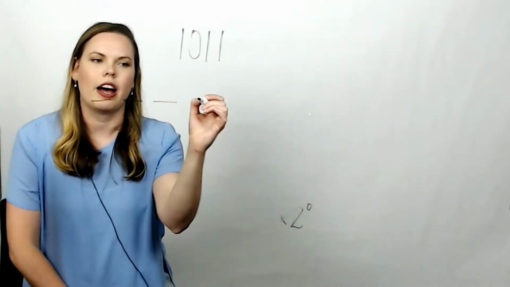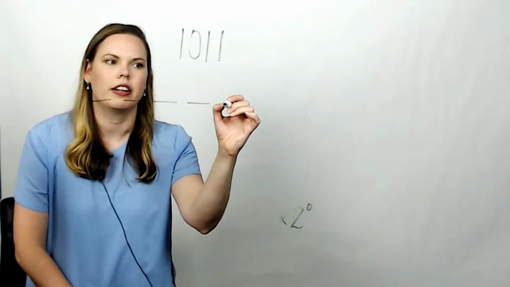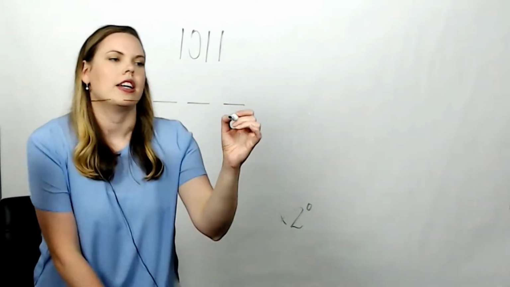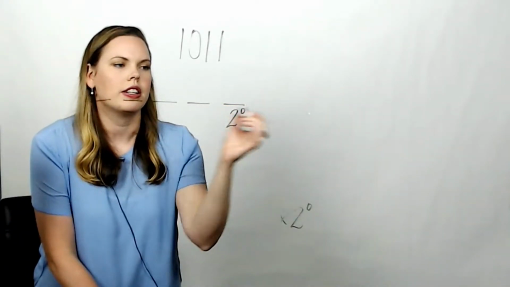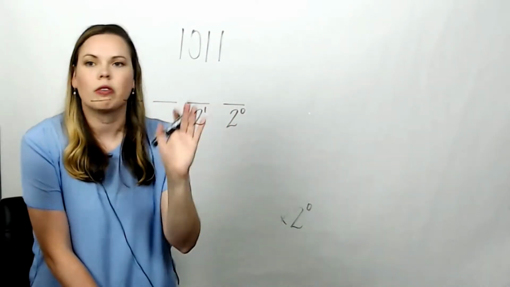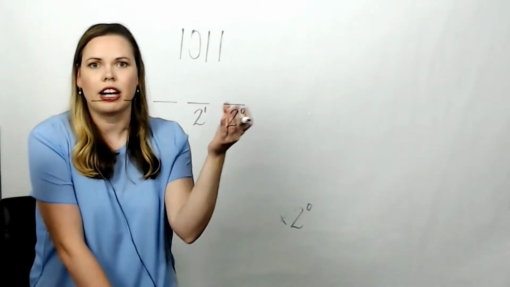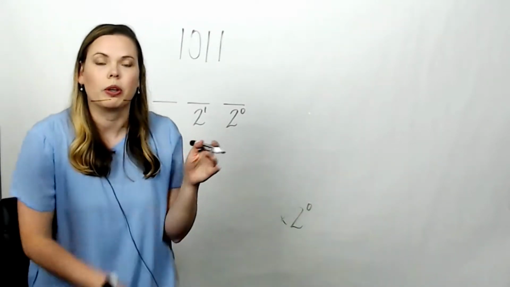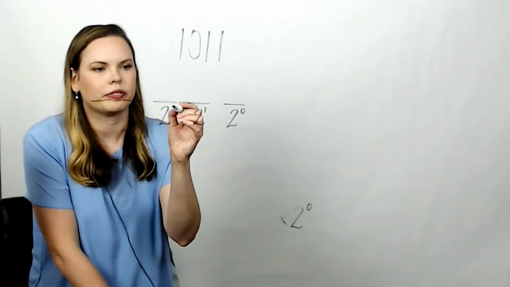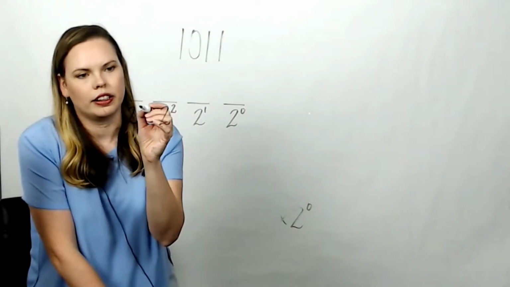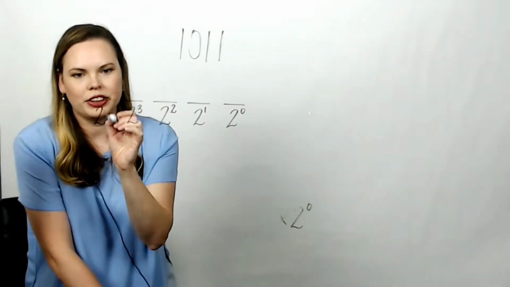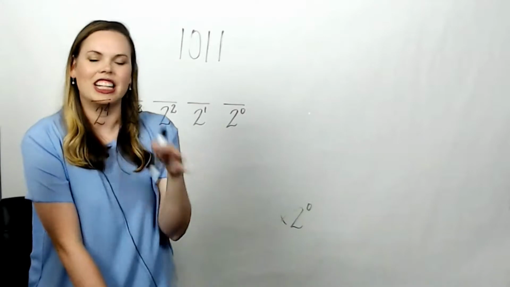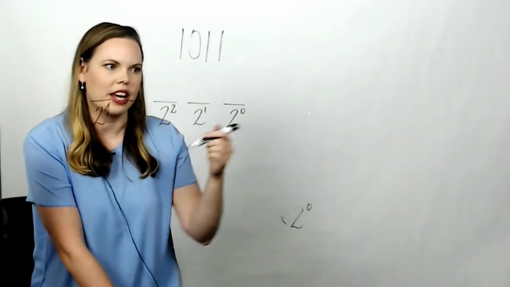I'm going to put 5 of these out, and do 2 to the 0, 2 to the 1, and write in my place values. This is kind of like writing 1s, 10s, 100s in those place values of our numerals. Just to make sure that I'm thinking powers of 2, I'm going to write this first, and then I'm going to write what they're equal to to help us out a little bit.